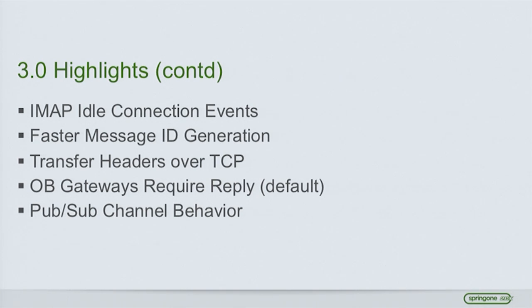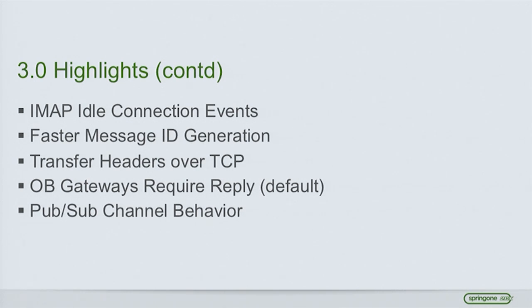By default we've added a requires-reply attribute to all of the outbound gateways where appropriate. There are one or two exceptions, but now it's set true by default in most of those gateways, because it generally makes sense. If you're doing a request-reply, then you're expecting a reply, and if you don't get one, then you'll get a requires reply exception if that timeout occurs, for example, on the JMS.